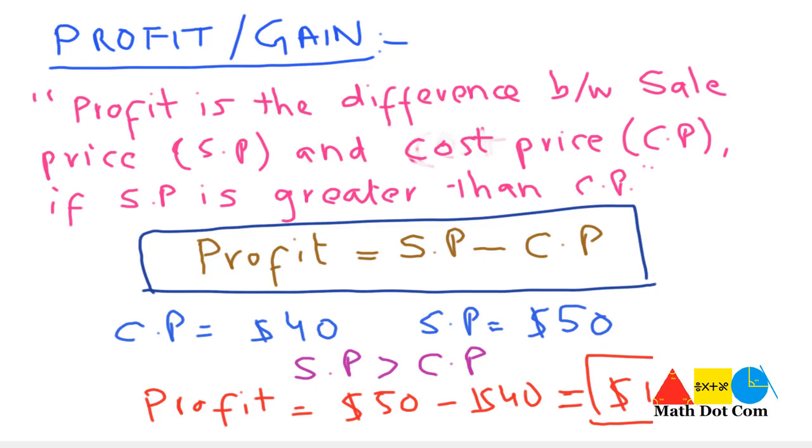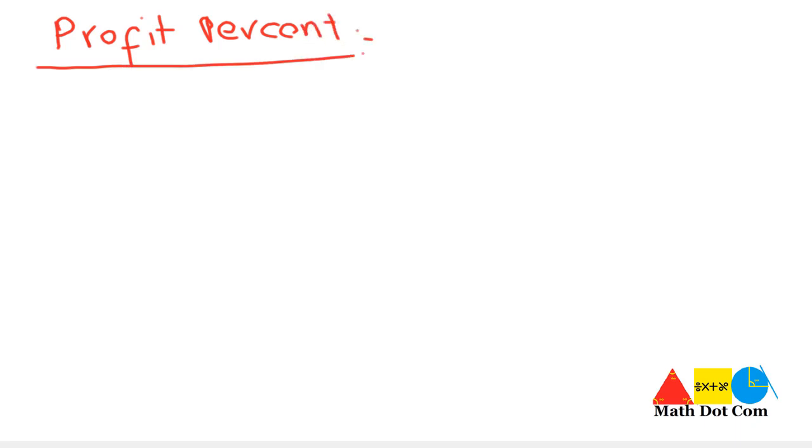Now we will find the profit percent. That means what is the percentage of profit that the trader has got on selling the product. Let's see how to calculate it.